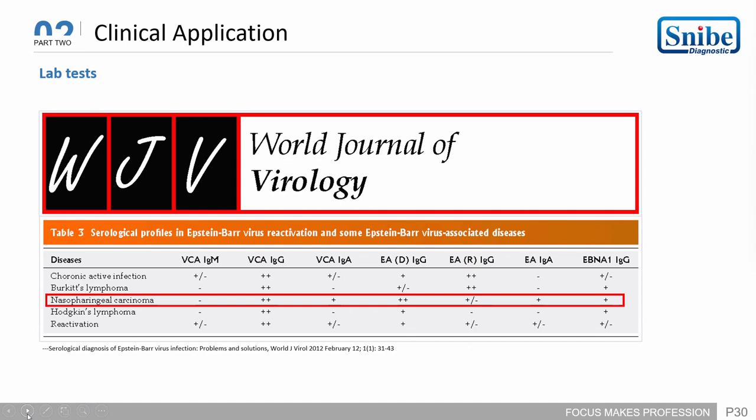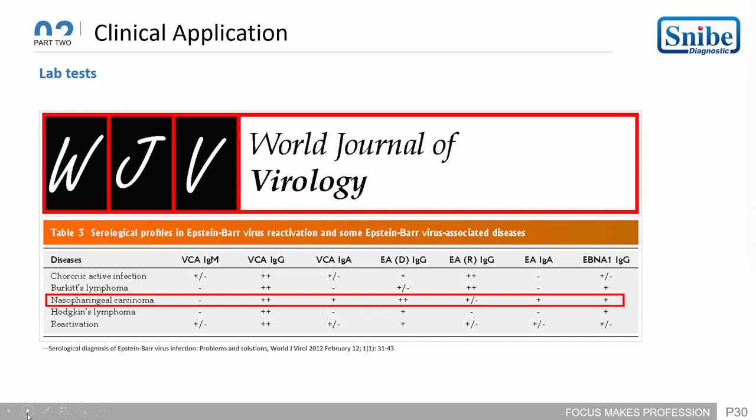These are the five diseases related to EBV infection: chronic active infection, Burkitt lymphoma, nasopharyngeal carcinoma, Hodgkin's lymphoma, and reactivation.